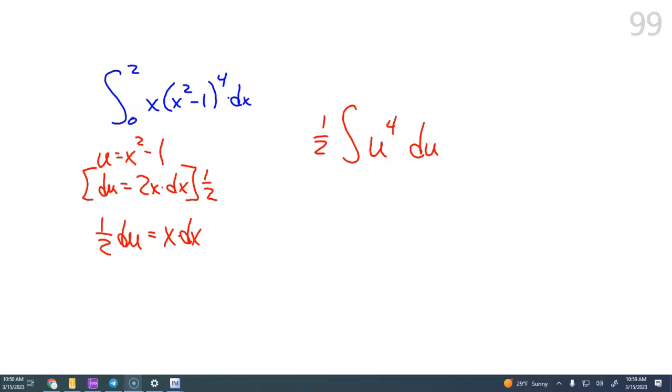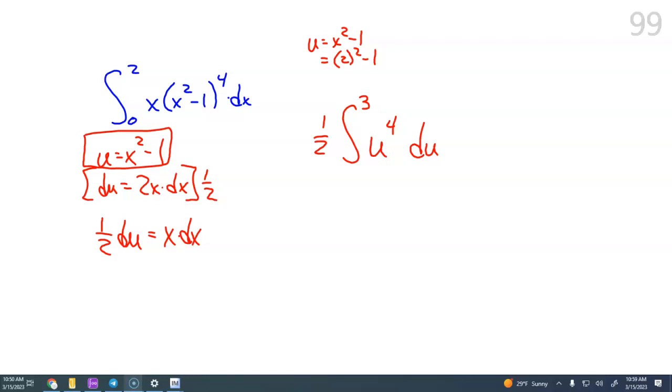I know u equals x squared minus 1. This was x is 2. So if I plug 2 into my u equation, 2 squared minus 1, that 2 turns into a 3. So x is 2, but I'm doing the problem in u's now, so I have to figure out what u is when x equals 2.